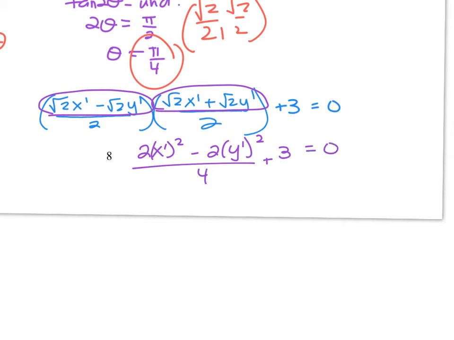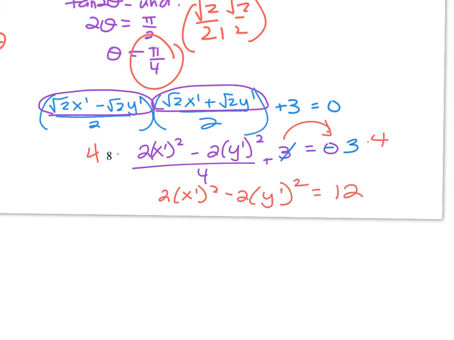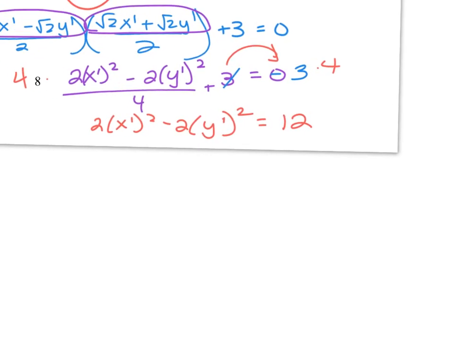I would bump the 3 to the other side because at some point you need to get this in standard form. So I would get negative 3 over here, and then get rid of your denominator by multiplying by 4. So 2x prime squared minus 2y prime squared equals 12. And then the last thing you've got to do is get it into standard form.